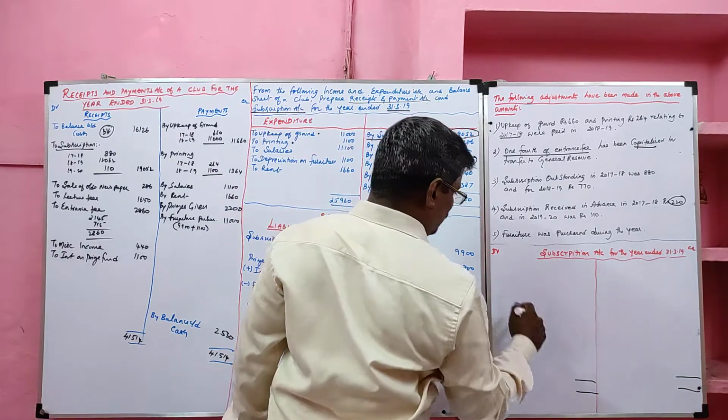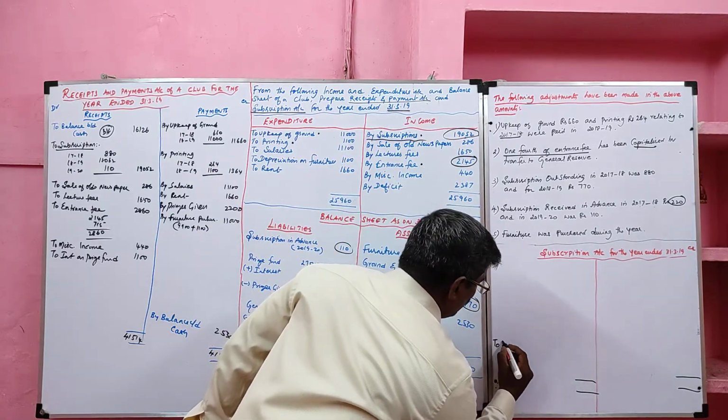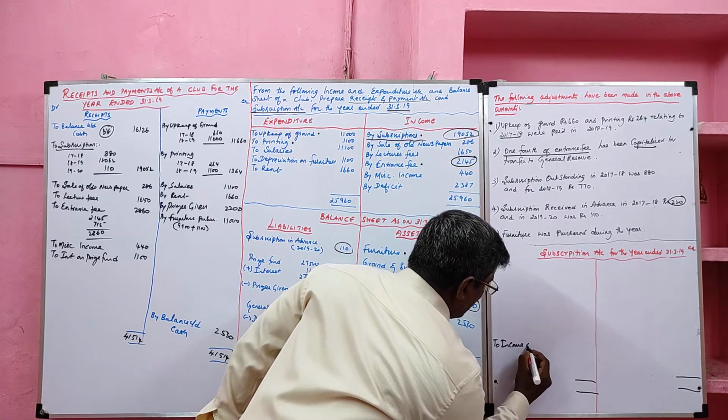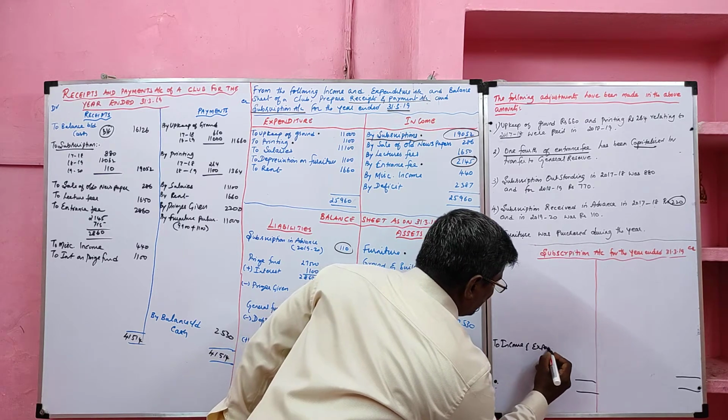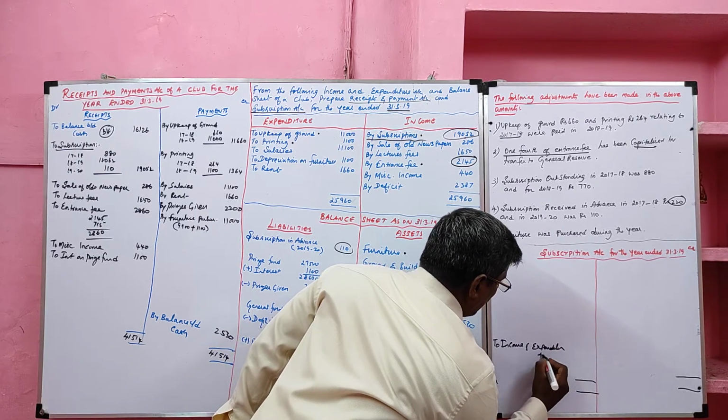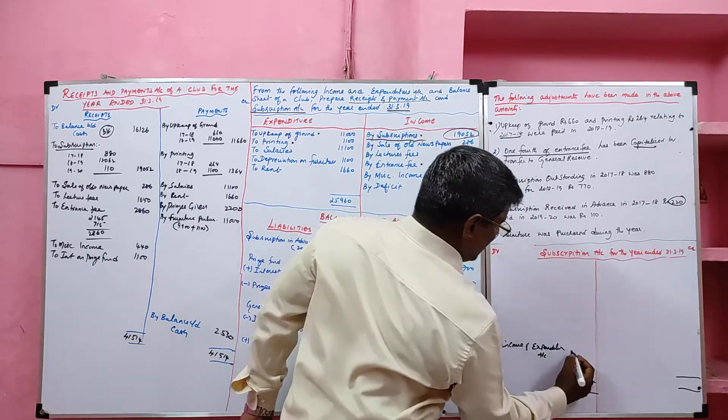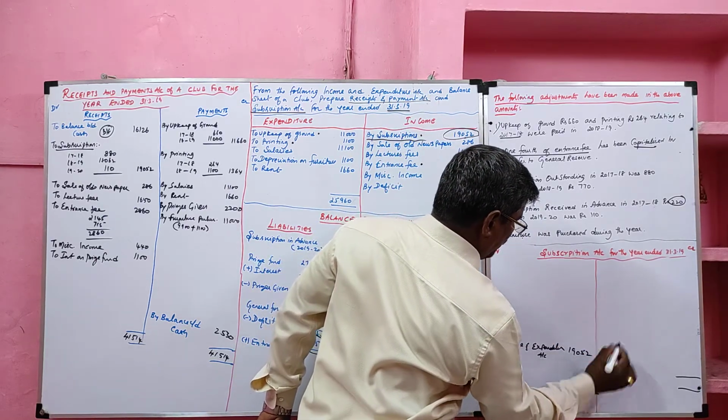So here in the income and expenditure account, the subscription is credited. In the subscription account, income and expenditure account is debited. How much we transferred? 19,052.